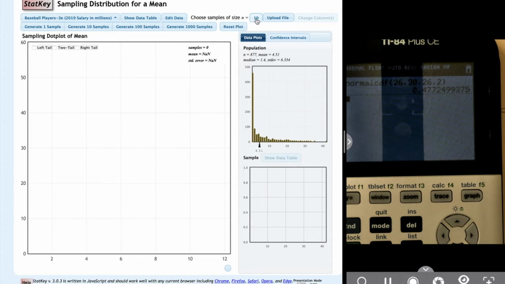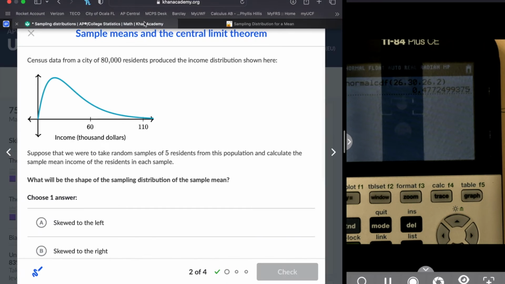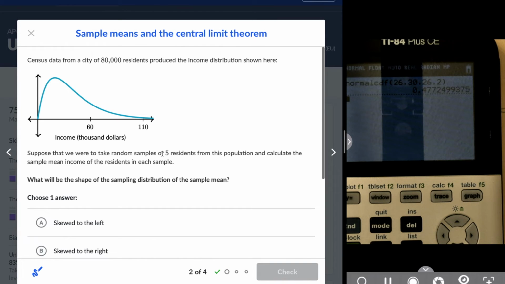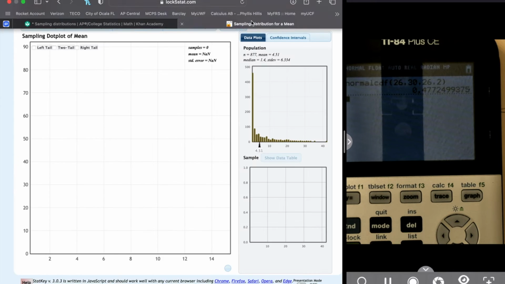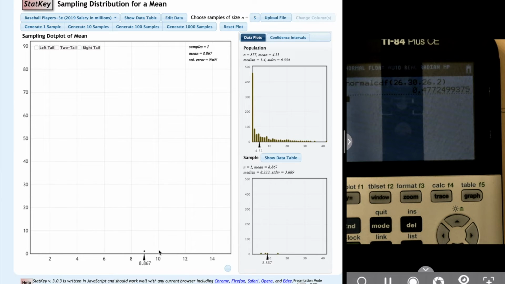It says I could choose sample sizes of, let's do 5. That's actually what the Khan Academy problem had. It said we're going to take random samples of 5 and calculate their mean. So if I do that, I want samples of 5. Let me generate one sample, and you can see I now have one dot sitting right here. The question is, what is this one dot?